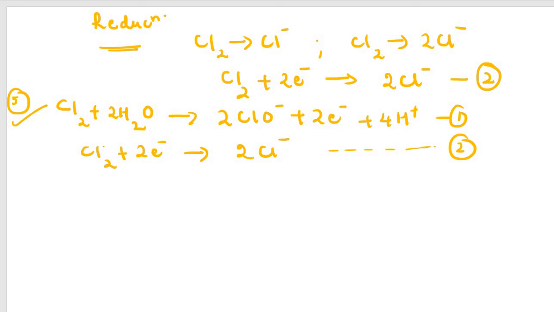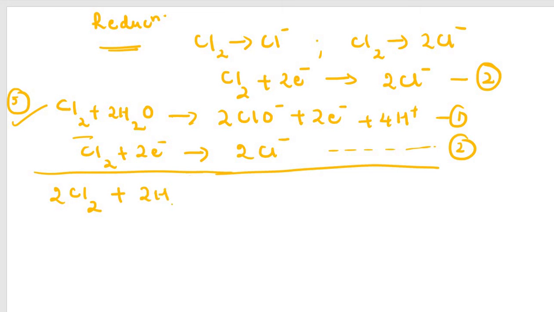On adding these two equations, we will have 2Cl2 plus 2H2O, and this 2 electrons will get cancelled out.